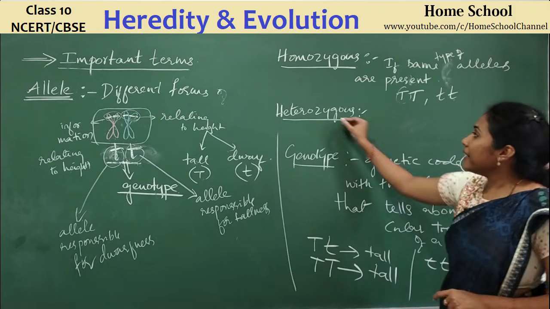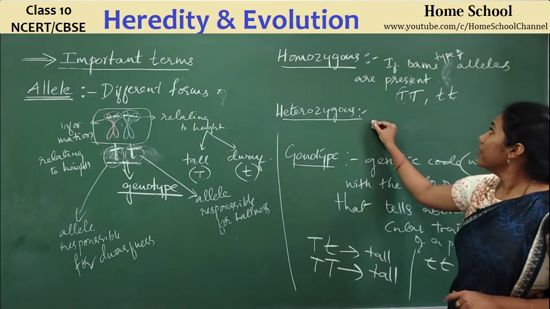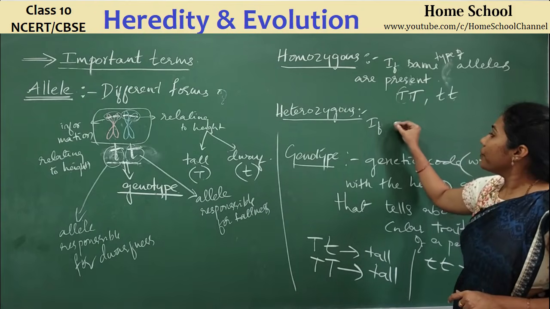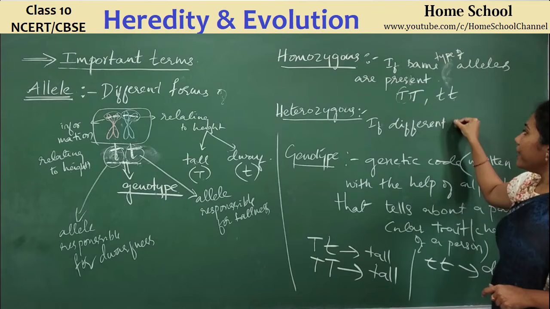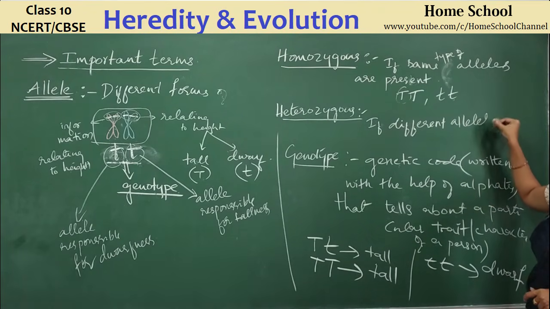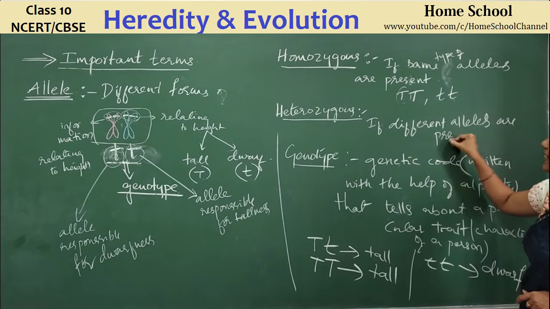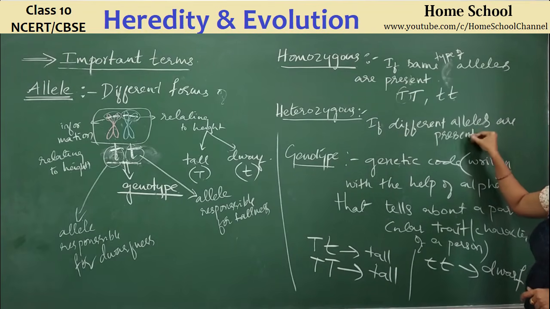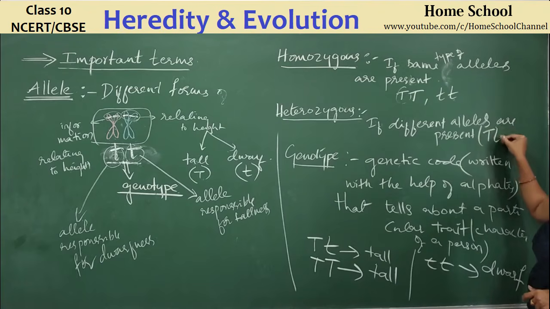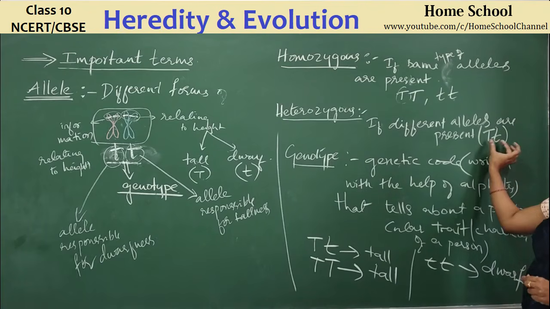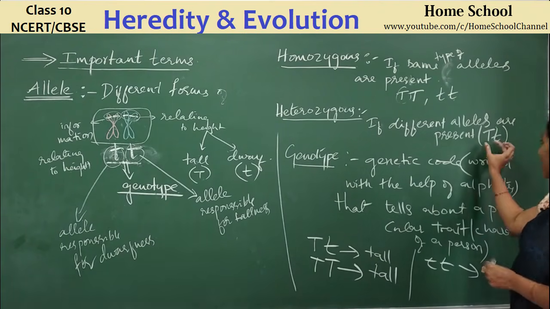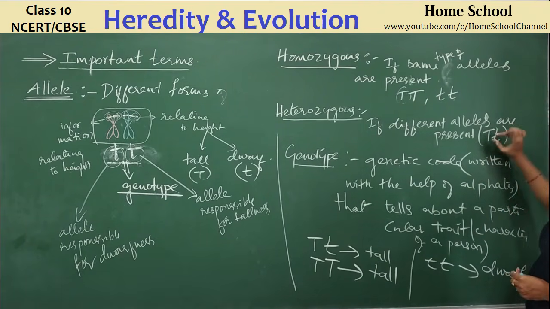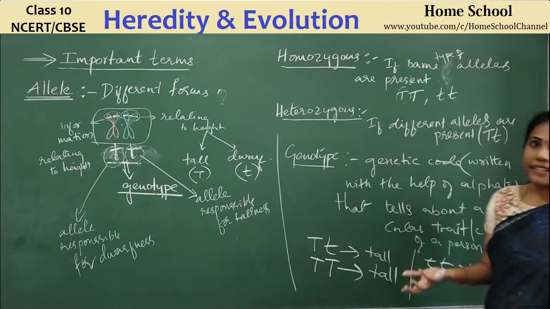Clear? And coming to heterozygous, if different alleles are present, then that condition is called heterozygous. Example, capital T, small t. This is a genotype for a particular character where capital T is one allele and small t is another allele.